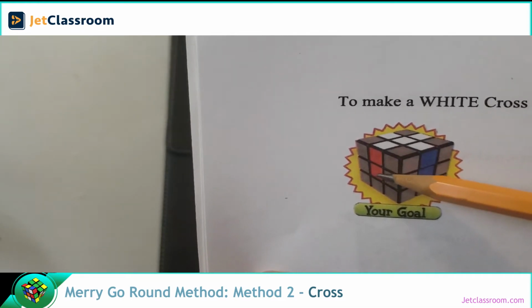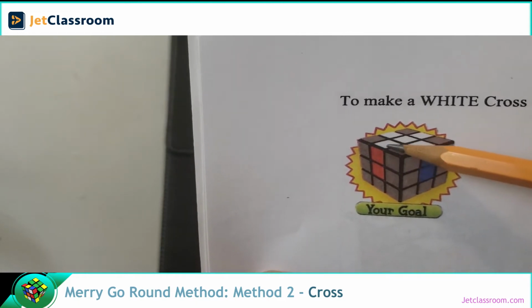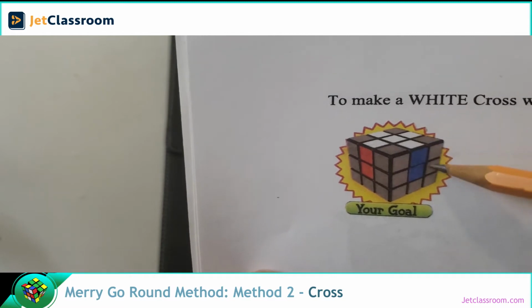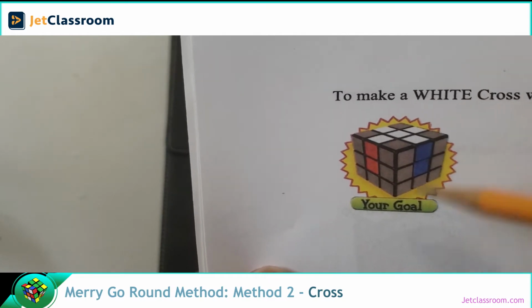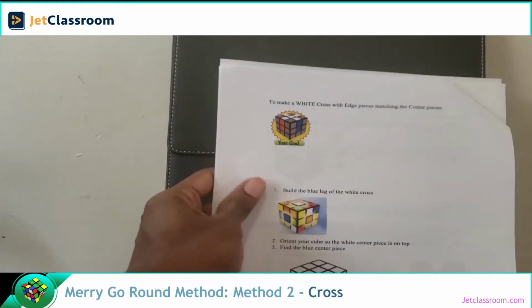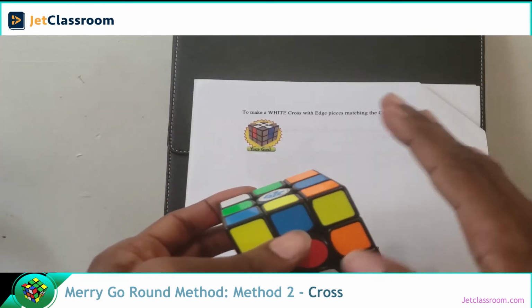So if you have a red window, you want a red upstairs neighbor and then a white cross. Blue, if you're looking at a blue window, you're going to have a blue upstairs window and a white cross.